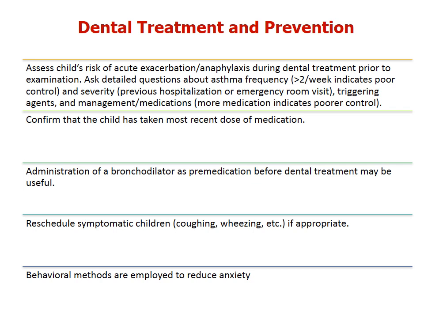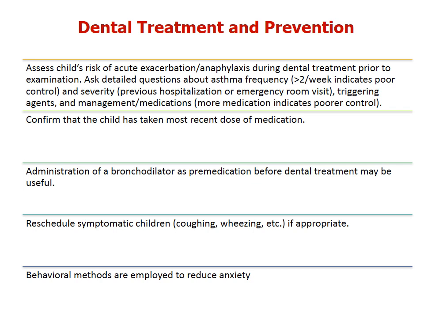If it is more than 2 per week, it indicates poor control. Also ask about severity, that is previous hospitalization or any emergency room visit, triggering agents, and management or medication. These are the things that we need to ask the patient before we start any dental treatment.